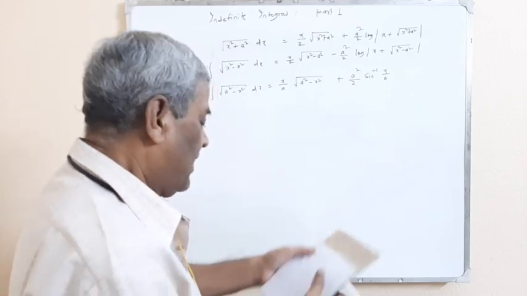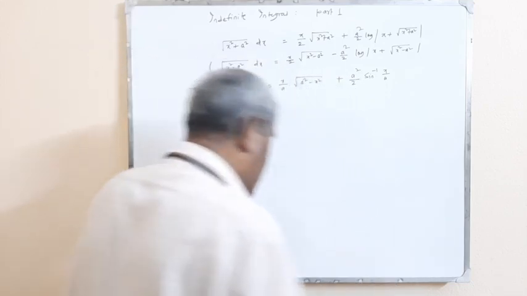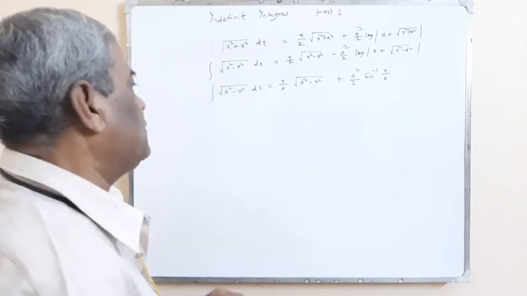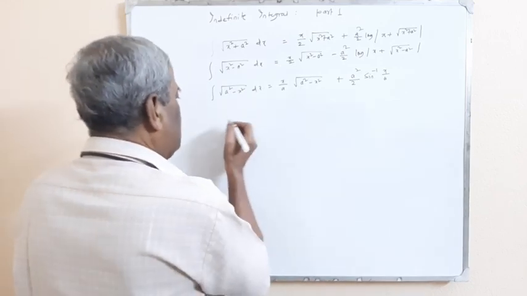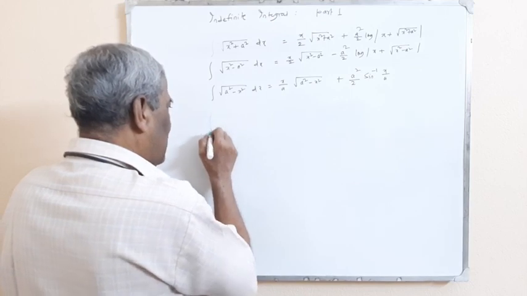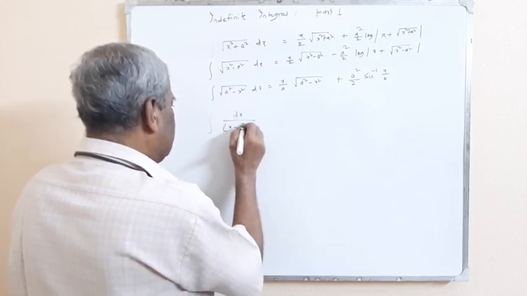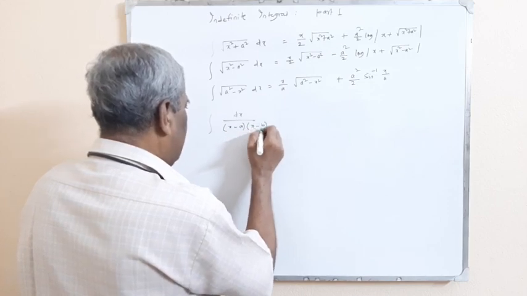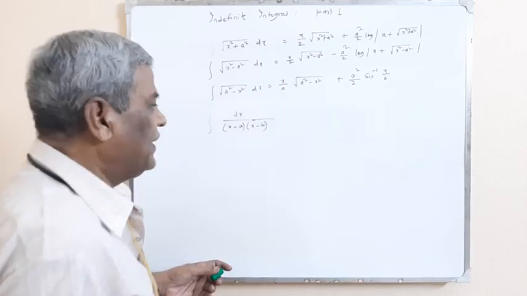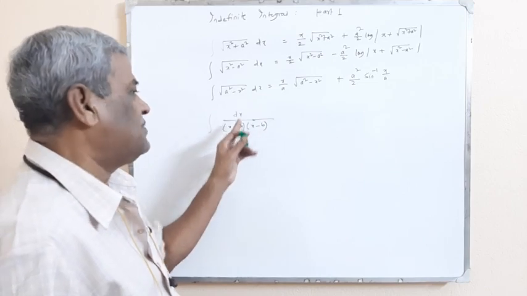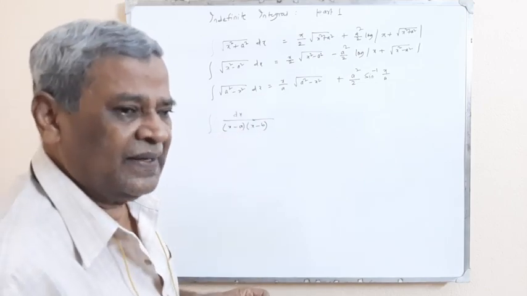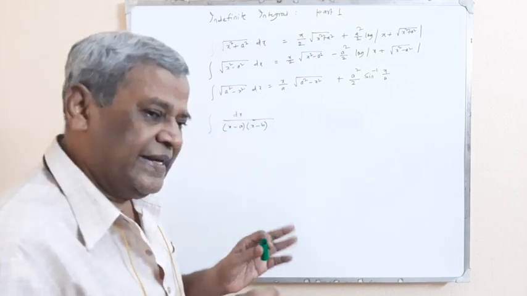For faster calculation, sometimes we have dx by x minus a into x minus b. In the denominator it is quadratic in x.